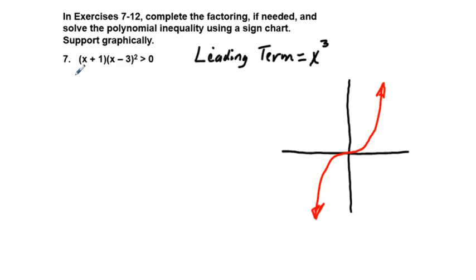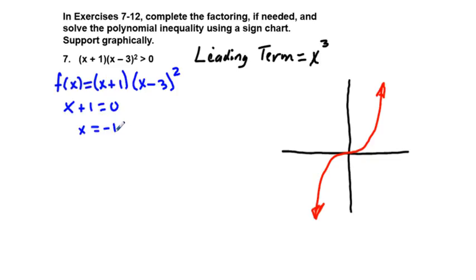In this inequality, we're just going to go ahead and write this as a function. F of x equals quantity x plus 1 times quantity x minus 3 squared. And to find the zeros, we would set x plus 1 equals 0, so x would be equal to negative 1.